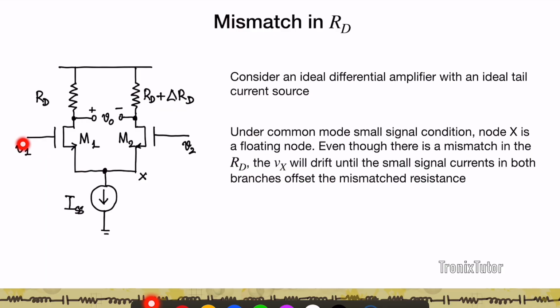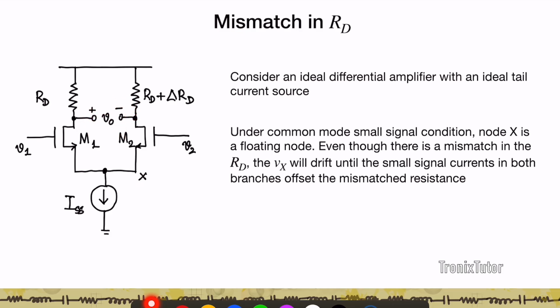Now, when I think about a common mode small signal, that is when I apply a small signal that is the same at both the inputs of the differential pair, in small signal my tail current source becomes an open circuit. So this node X in small signal is open circuited. So even though there's a mismatch in the arms, because this node is essentially movable, this mismatch doesn't cause an output voltage to appear between the two arms, because Vx moves in such a way that the difference in the two voltages becomes zero.